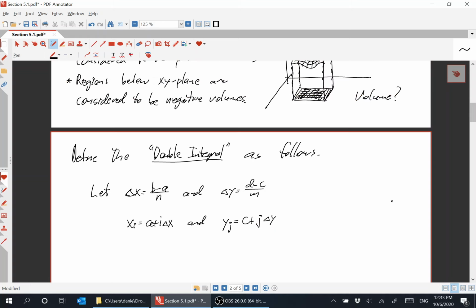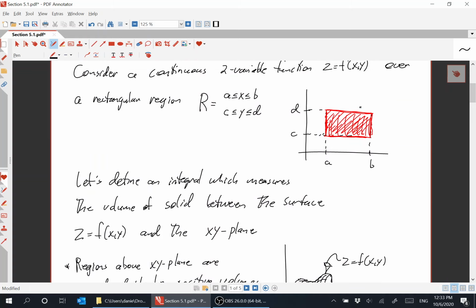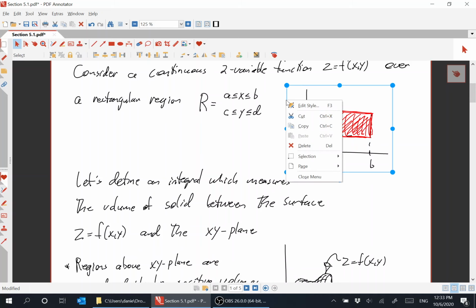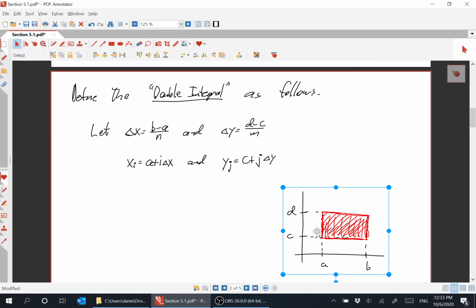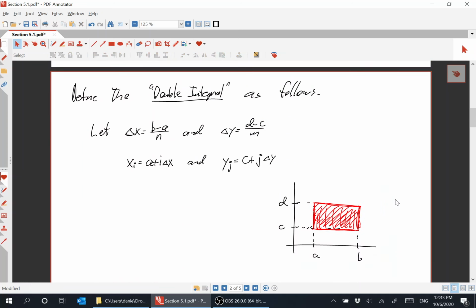So once you do that, you take this rectangle here and you subdivide it into smaller rectangles. Actually, this is probably not the best illustration for that, but we'll try to make it work.